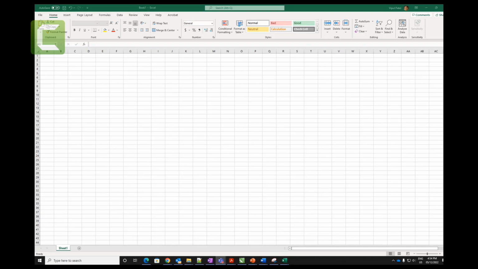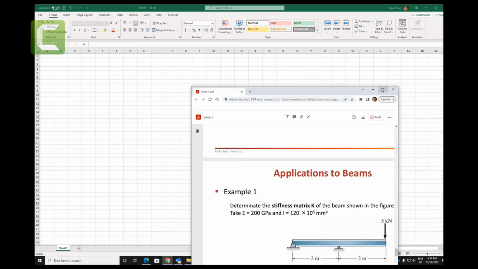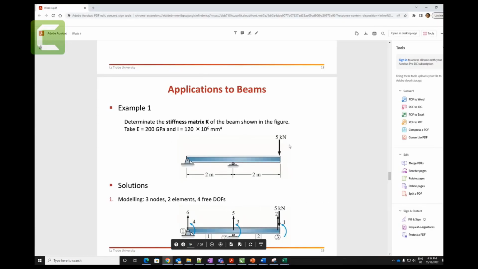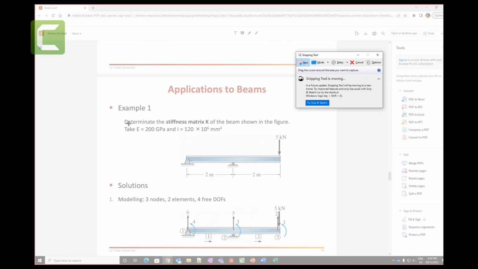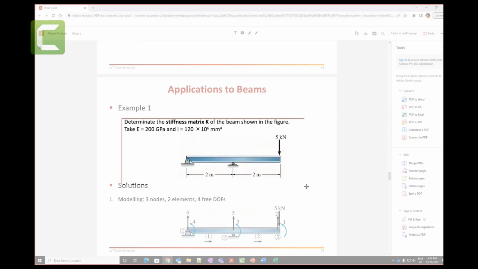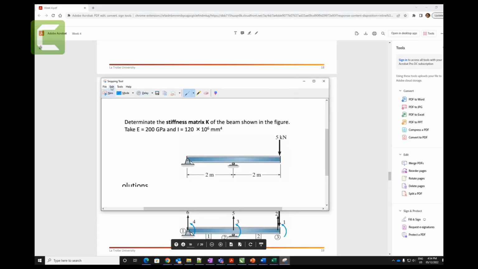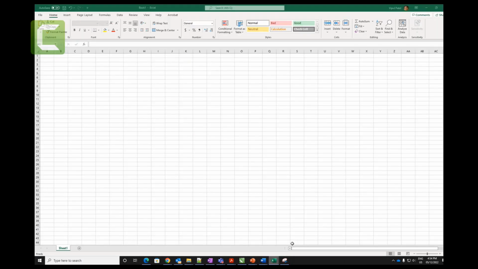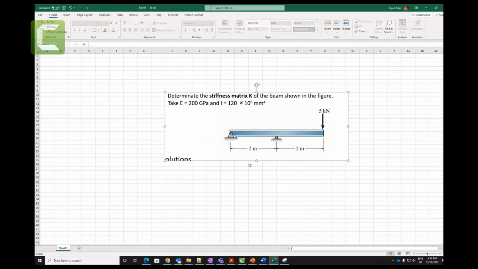So what we have done so far, that we developed, I can show it to you. We developed this, you remember the stiffness matrix that we developed. I don't want you to blindly follow these ones, but I want you to take these ones, let's say, and put it in the Excel in here.